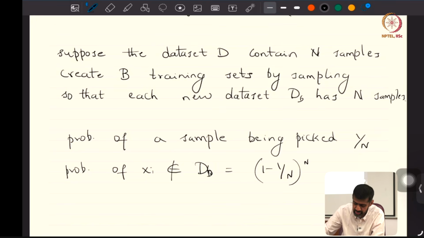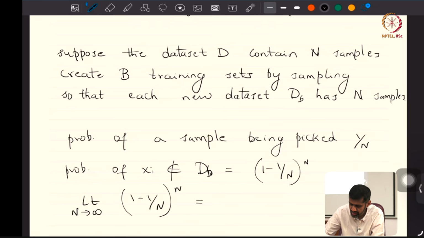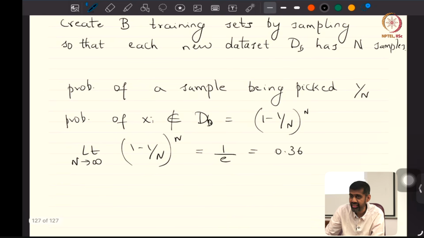If you take n to be going to infinity, this is a standard limit. What is this equal to? 1 by e, which is 0.36. Which means roughly 36% of the samples will never be a part of the data sets that we use to train classifiers.